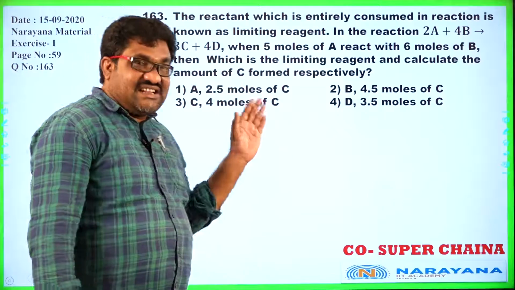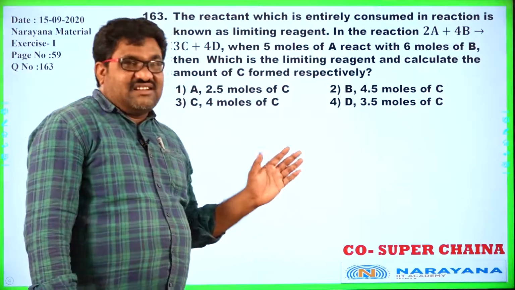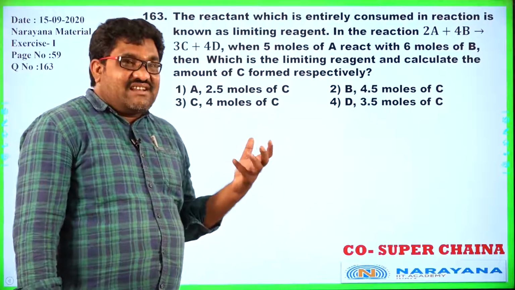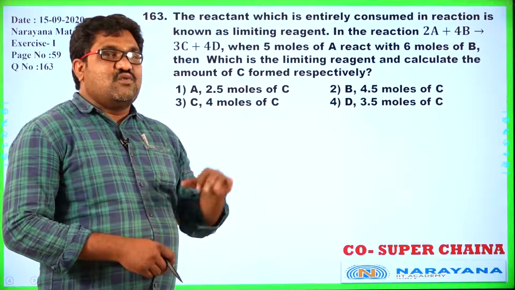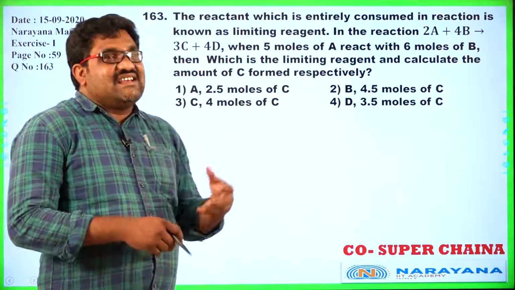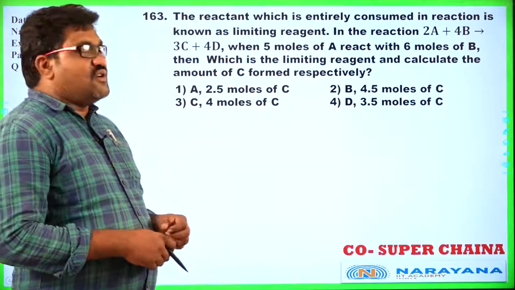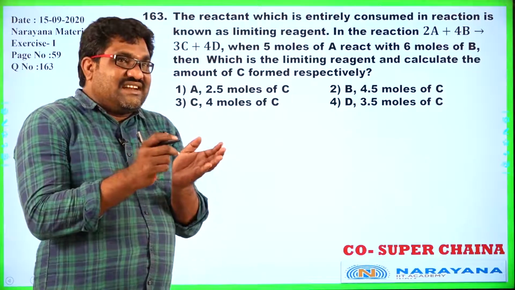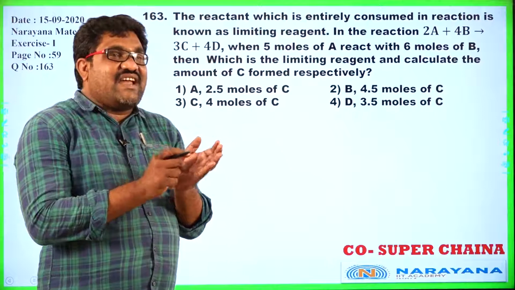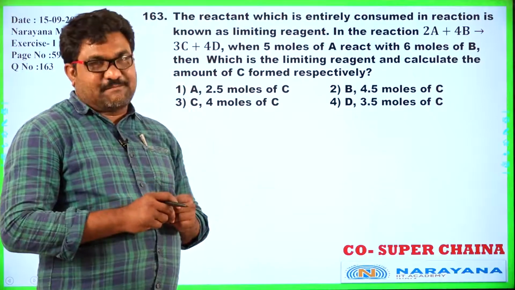So in this particular question, he has given us the definition of limiting reagent, which was completely consumed. For limiting reagent problems, it is necessary to have at least 2 reactants.